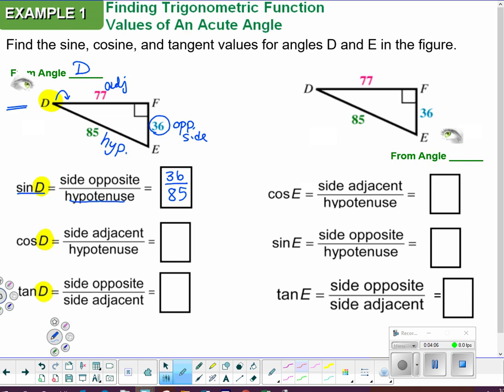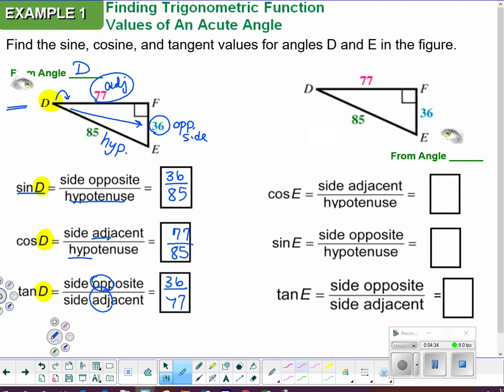We know cosine compares adjacent to hypotenuse. Look to your triangle. Find that adjacent side. It is 77. The hypotenuse was 85. Tangent is TOA. It compares opposite to adjacent. So from angle D, my opposite side is 36, and the adjacent side is 77.